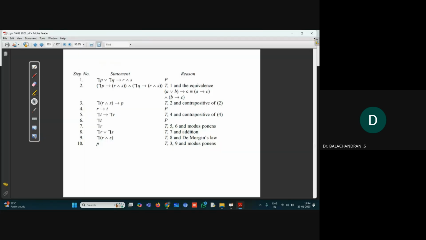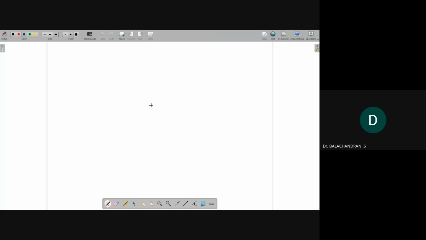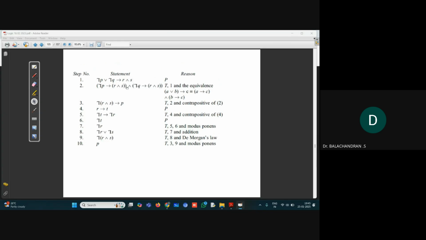From this, you should consider P and Q. So I will take P. Negation P implies R and S.